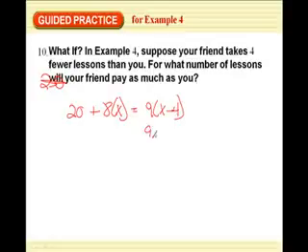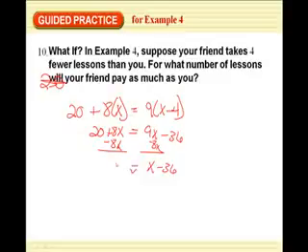So 9x minus 36 equals 20 plus 8x, minus 8x, minus 8x. x minus 36 equals 20. Oh, I didn't do that right. I'm getting 56 equals x. That's not right. Your friend takes 4 fewer lessons than you do.